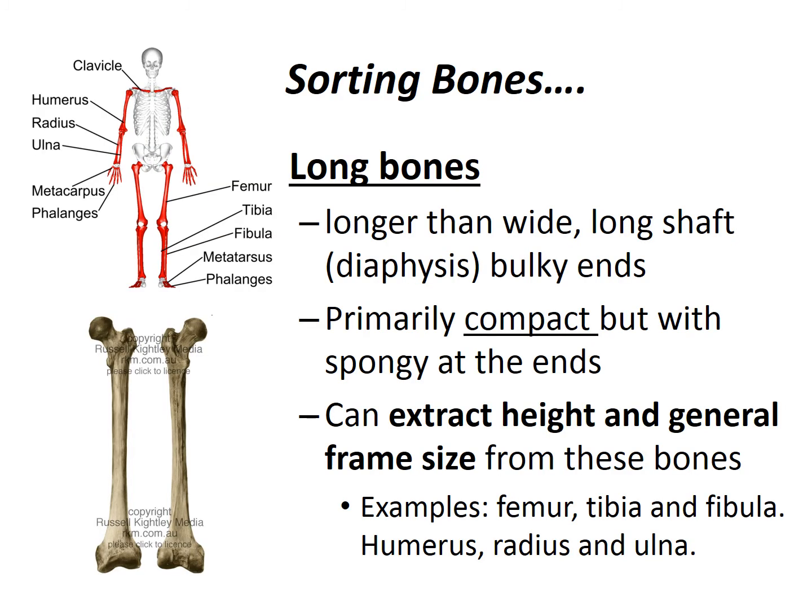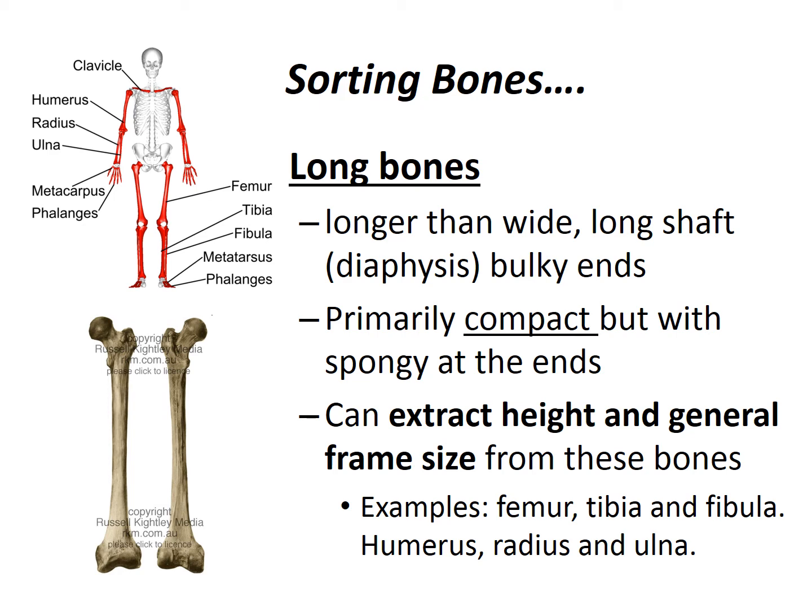So, I keep talking about long bones. So we've got to break up the bones into different categories real quick. The long bones are, check this, longer than they are wide. We've got a long diaphysis, a long shaft with bulky ends. They're primarily compact, but there's spongy tissue at the end of those bones.